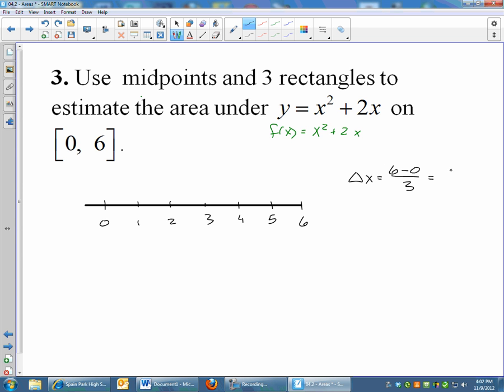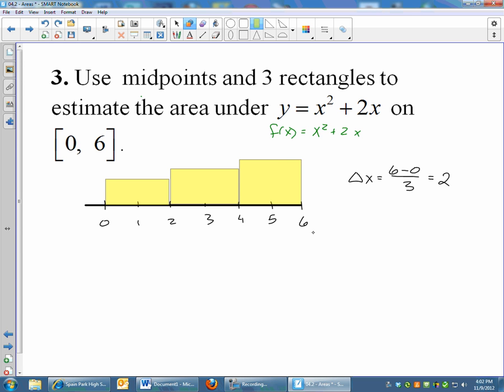And that gives you a change in x of 2. So each rectangle will have a base of 2. My first one's going to go from 0 all the way to 2. My next rectangle is going to go from 2 all the way to 4. And my third rectangle will go from 4 all the way to 6.